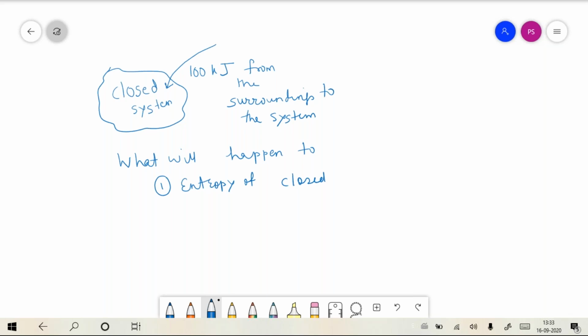what would happen to the entropy of the surroundings? Let me ask you this question. Okay. So I'm asking this question. You can answer it in the questions column.